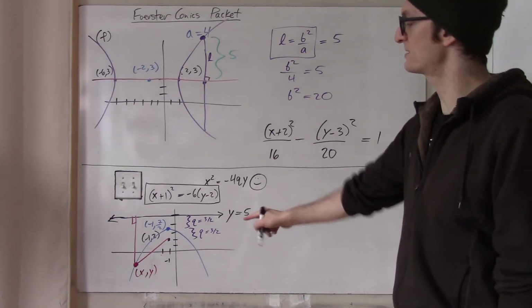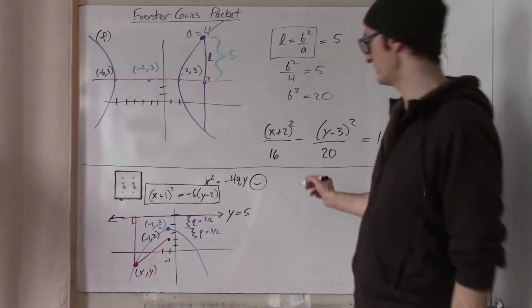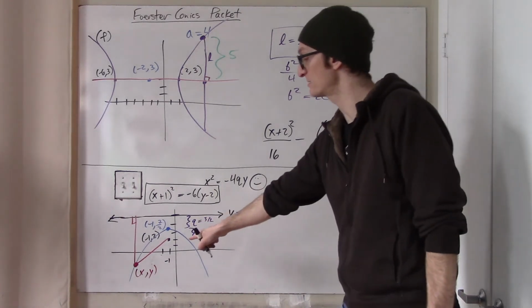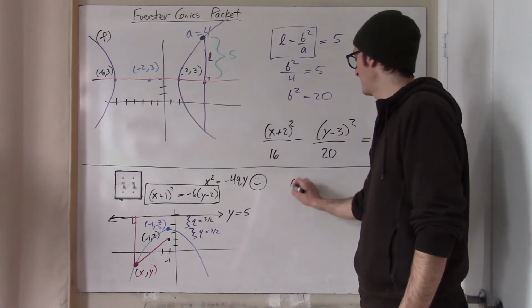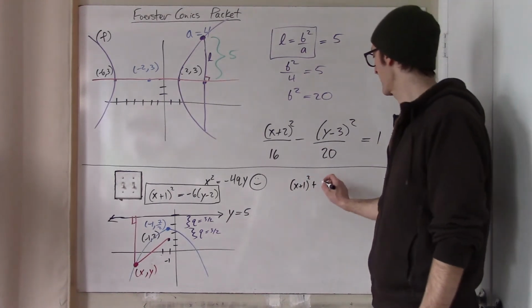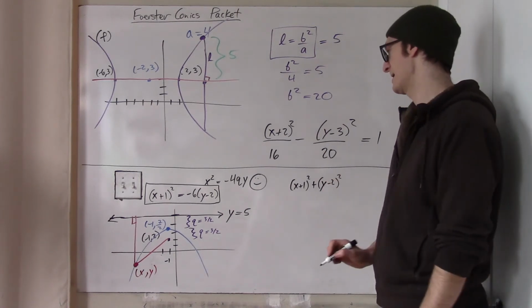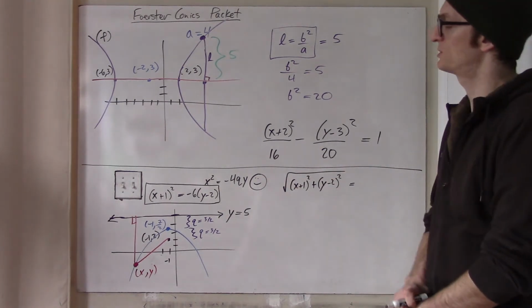Well, what is the distance from an arbitrary point x comma y to the focus? Applying the distance formula to x comma y and -1, 2, it's the square root of (x plus 1) squared plus (y minus 2) squared, and that has to equal the distance to the directrix.